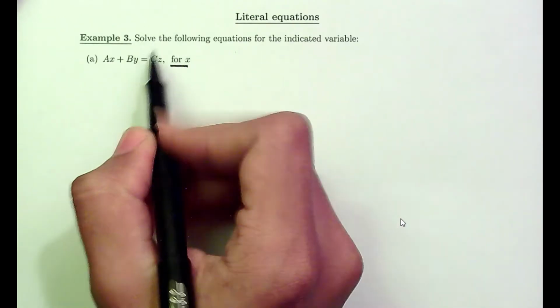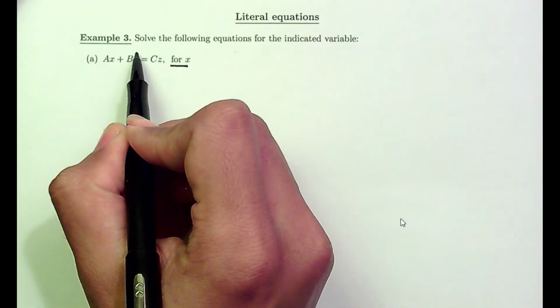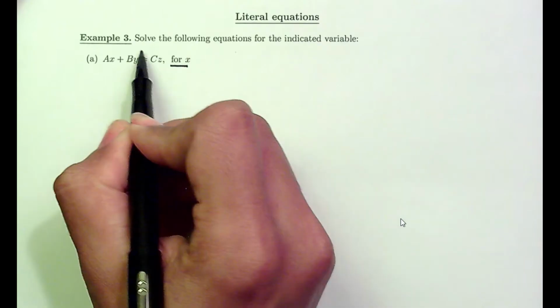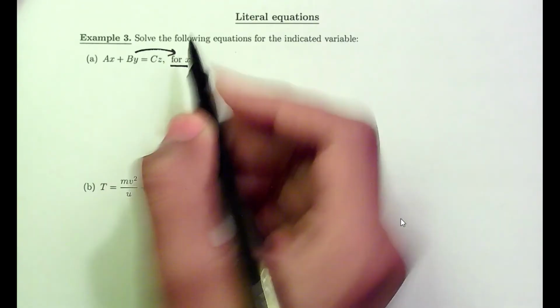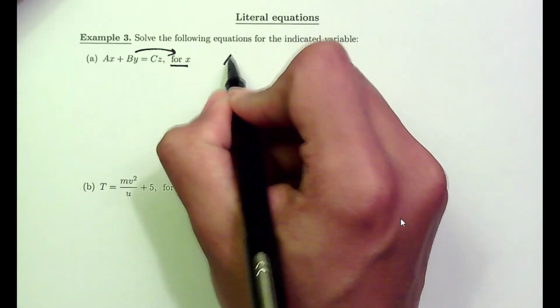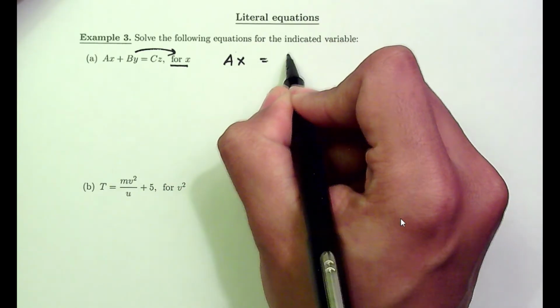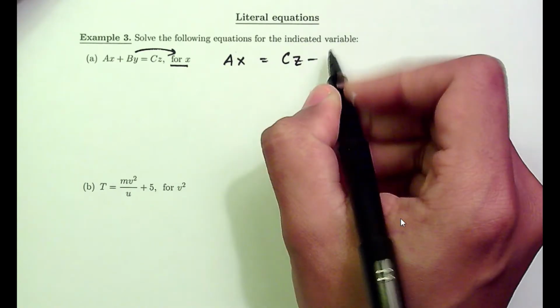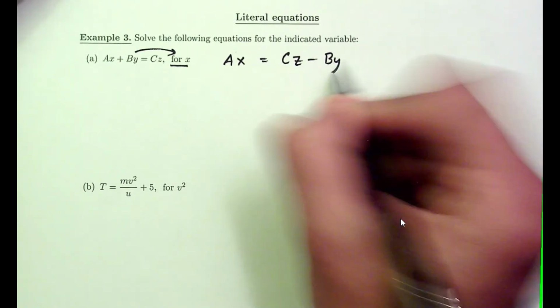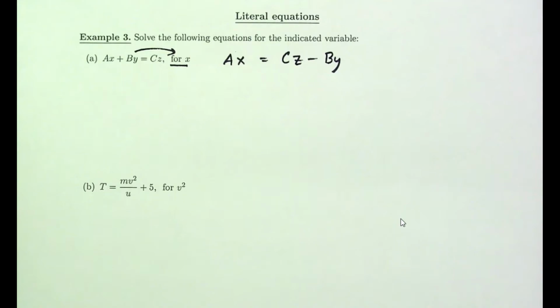In this particular example, by needs to move to the other side. So this is going to become ax equals cz minus by, right? You have plus by, so when you move it to the other side, it becomes minus by.